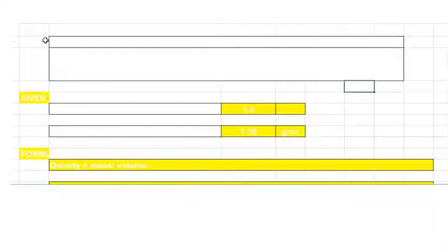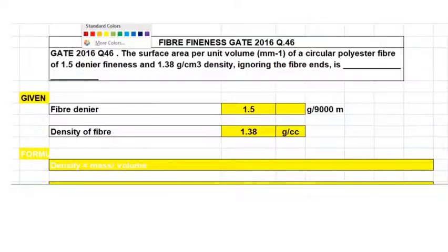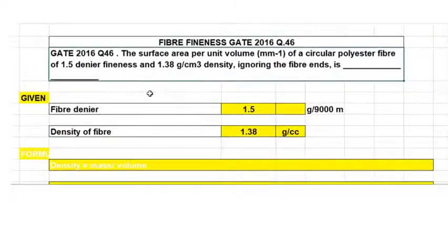Let us see the given details. The two data that are given are fiber linear density, which is 1.5, which means it is 1.5 gram per 9,000 meters. Next is density, which is given as 1.38 gram per cc. We have to be very careful with the unit.